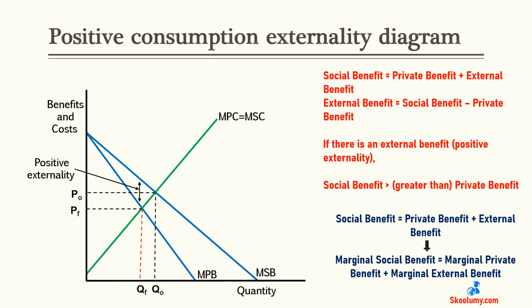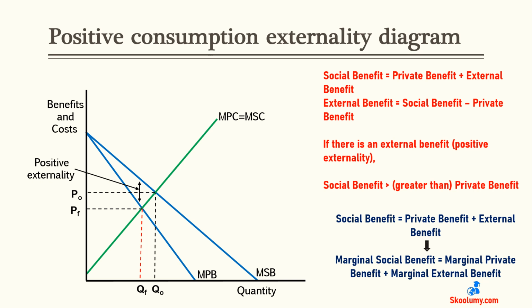Consumption has some benefits to third parties if there is a positive consumption externality. These benefits are external benefits. If there is a positive externality, that means there is an external benefit. Looking at the formula, if there is an external benefit, social benefit will be greater than private benefit.